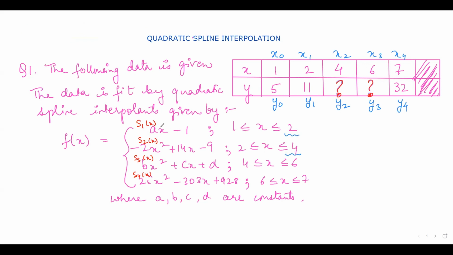So S1 dash x and S2 dash x would be equal at the point 2, and S2 dash x and S3 dash x would be equal at the point 4. Using this, we can find the values at the different splines.